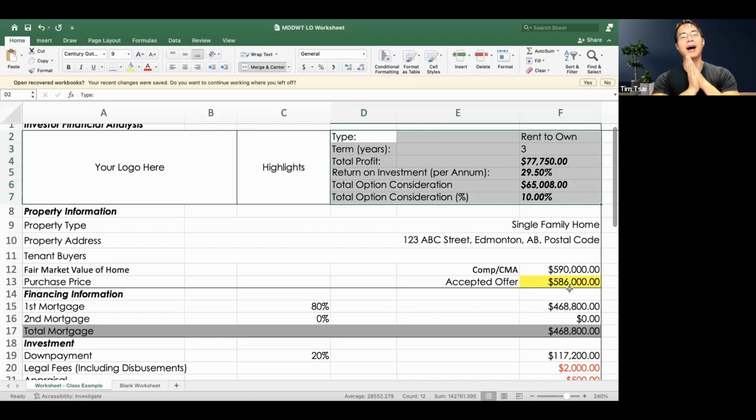So what's happening is I'm getting quite a few messages from some of you. I'm not going to name who you are. You know who you are, from Vancouver, from Toronto, from Houston, and from Miami, asking questions like, well, hang on a second, you're only using 3.5% as your average appreciation.